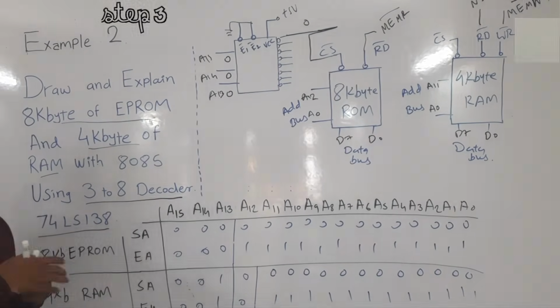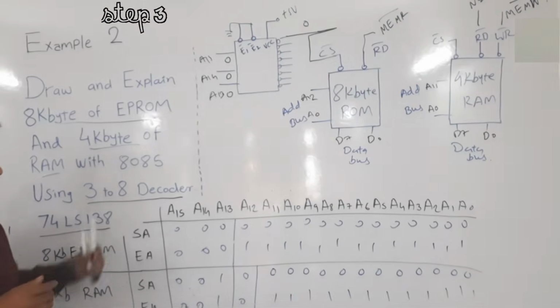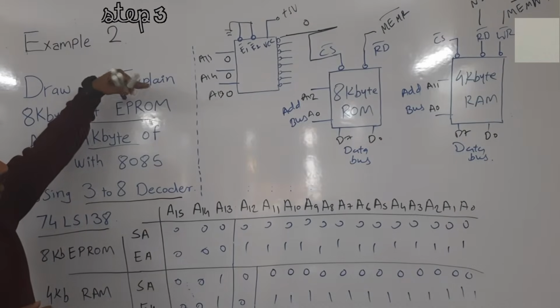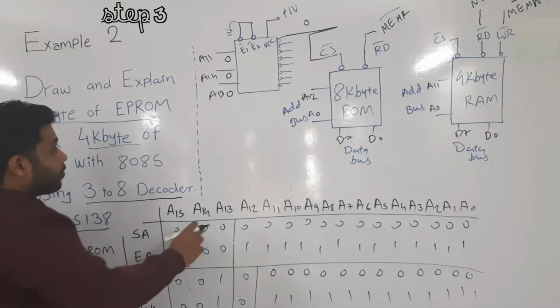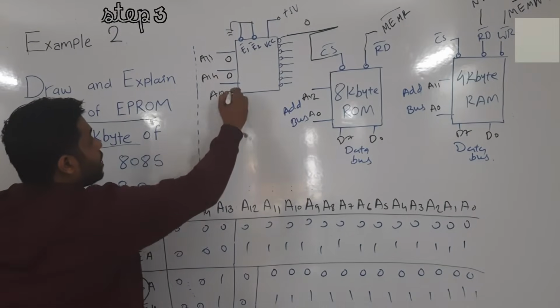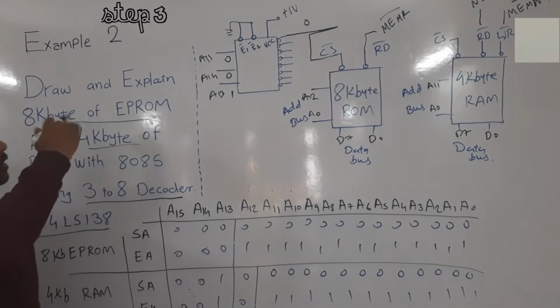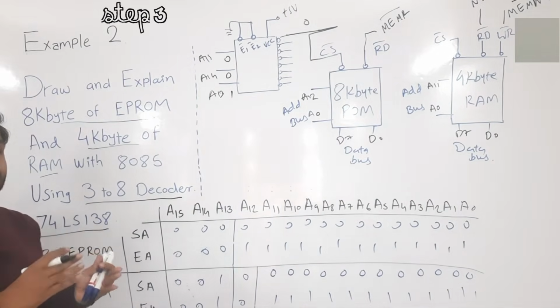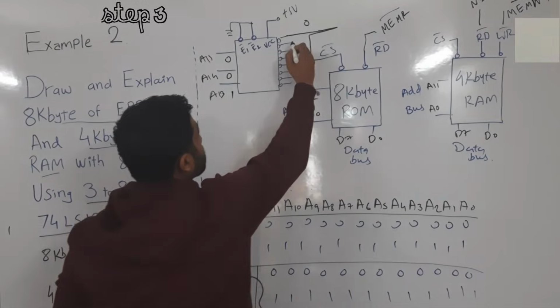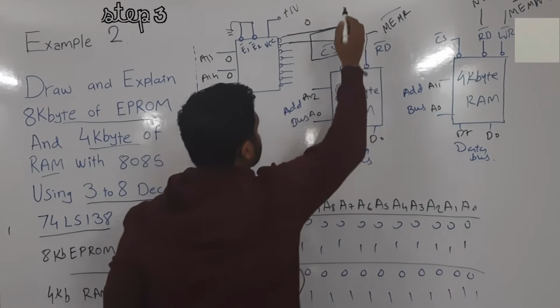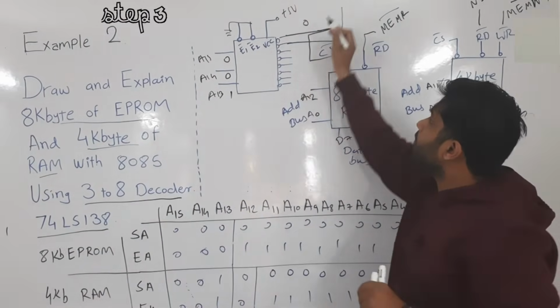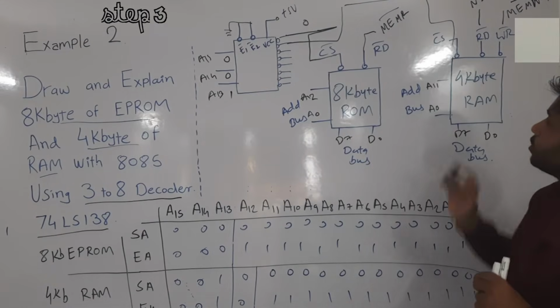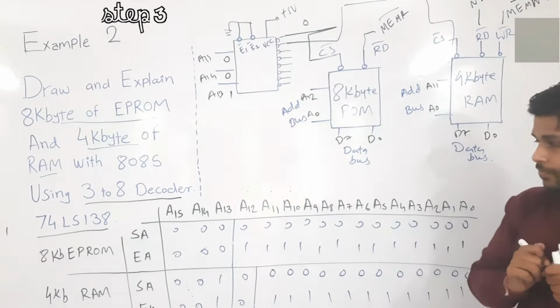Are you getting it? And what if the value of A13, A14 and A15 is 0, 0, 1? In that case we are going to get the signal at which pin? At the first pin. So the output of the first pin will be connected to this chip select.